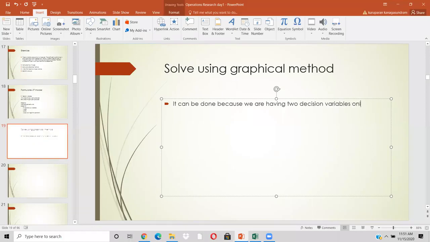Okay, it can be done because we are having two decision variables. So next, what should we do in graphical method?